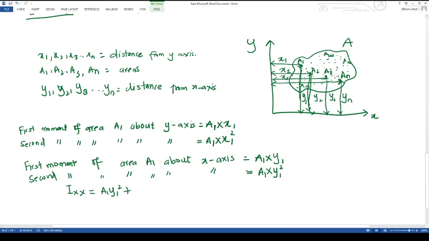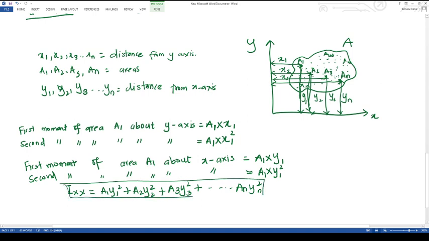Now if I find the moment of area A2 about the x-axis, it will be A2 y2 squared plus, now for the third one, A3 y3 squared plus, and so on up to An yn squared. So this is the generalized formula, right?